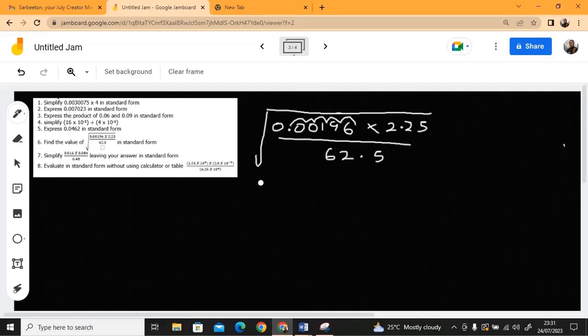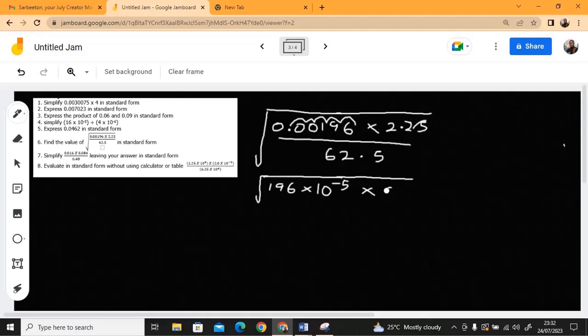So it means here you have square root of 196 times 10 raised to power what? You move 5 times, minus 5. Now times this one also, you move 1, 2.